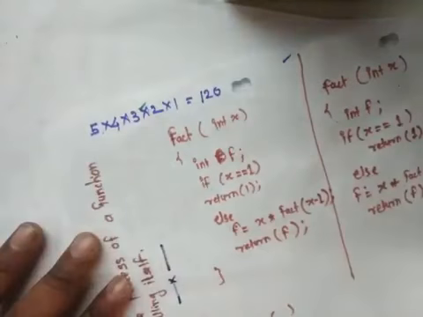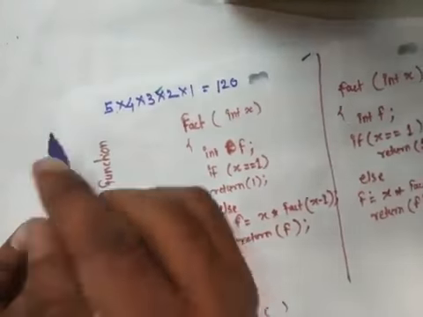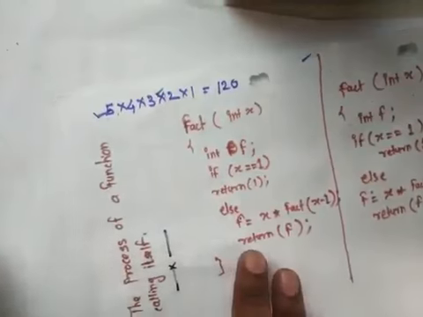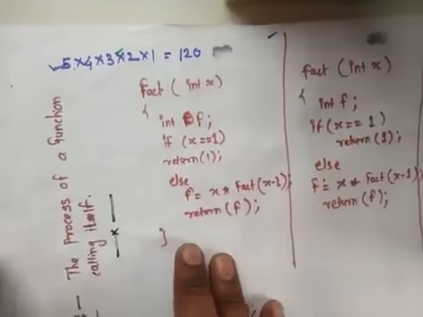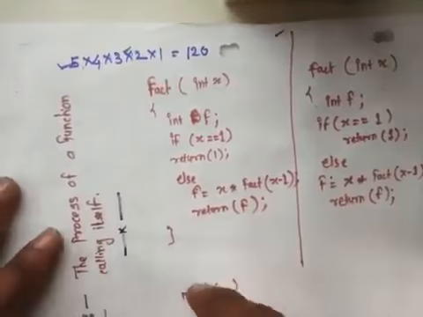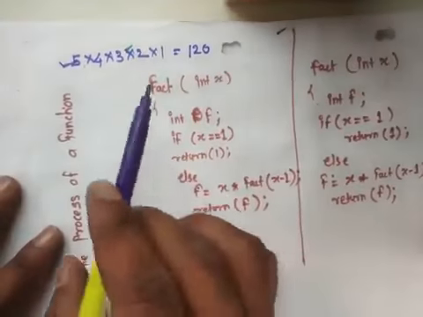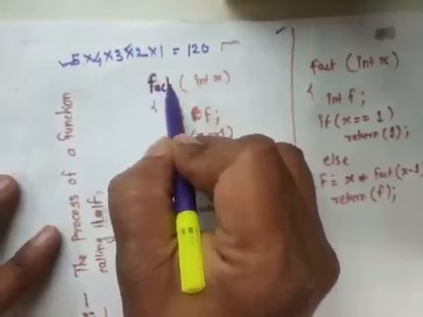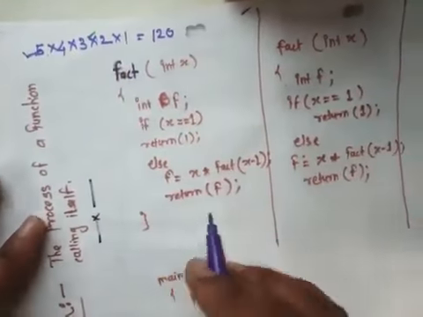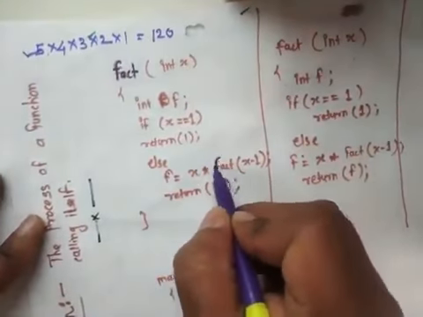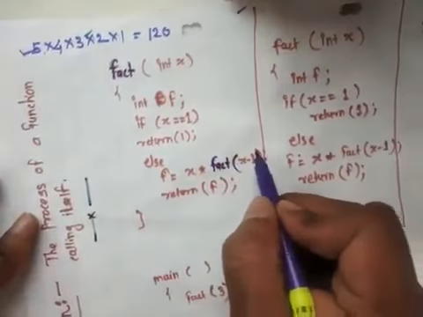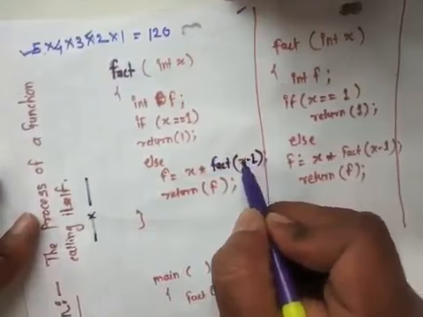Now the same concept we are going to implement using C programming. Here I created one factorial function, and this function calls itself again and again till the condition is satisfied.